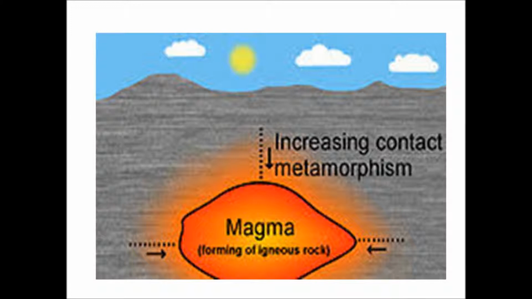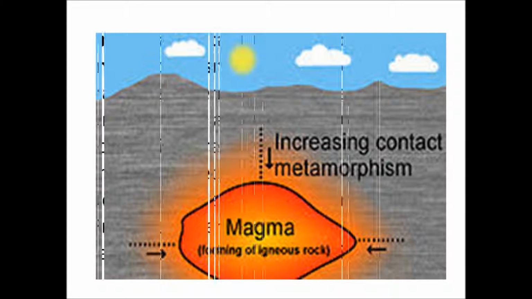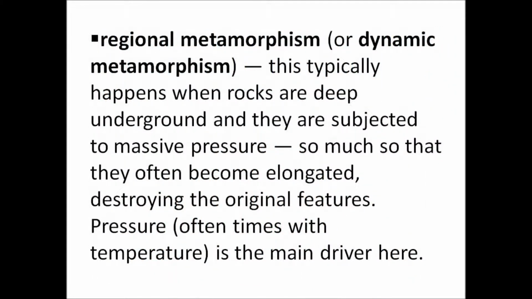Rocks are so close to magma that they start to partially melt and change their properties. You can have recrystallization, fusing between crystals, and a lot of other chemical reactions. Temperature is the main driver of this change.